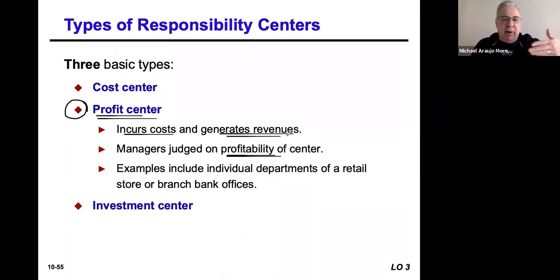Because it puts them above their budgeted sales numbers, and so they're willing to share that. Folks that work in profit centers tend to do quite well, because it's directly related to generating revenue. And once the company reaches its goals, it's very happy to share that revenue if it goes beyond that.